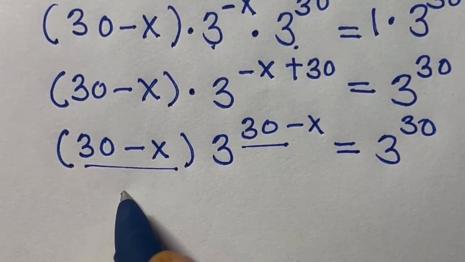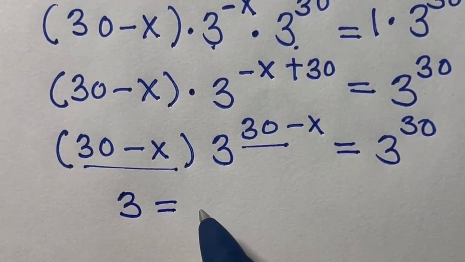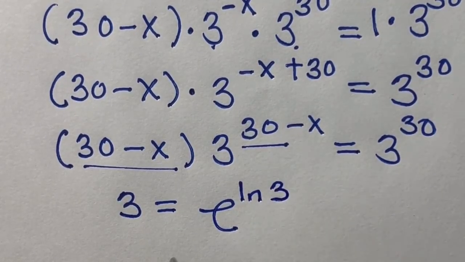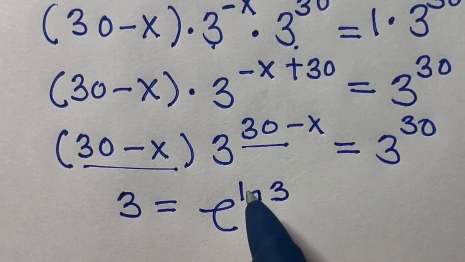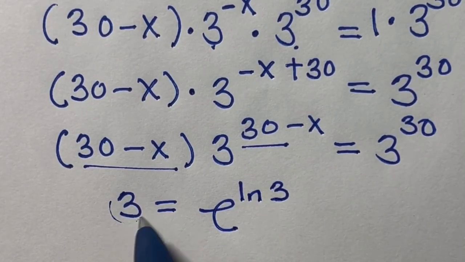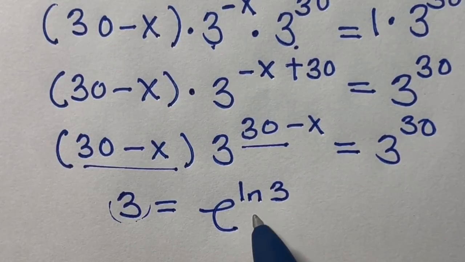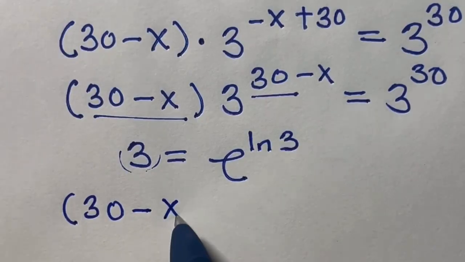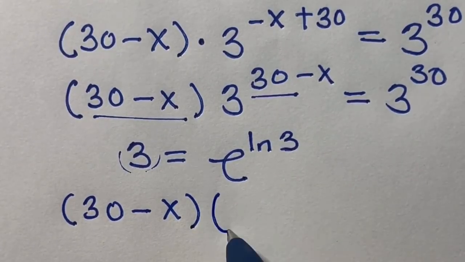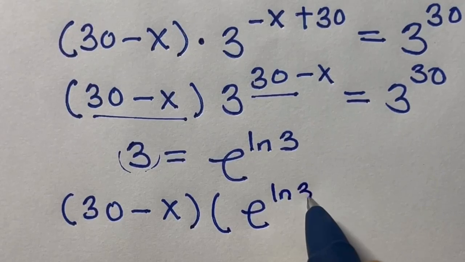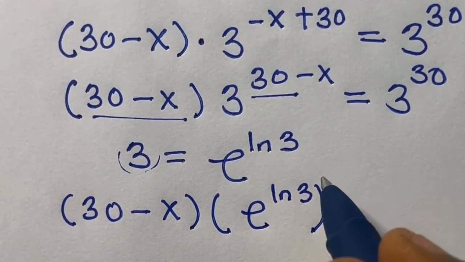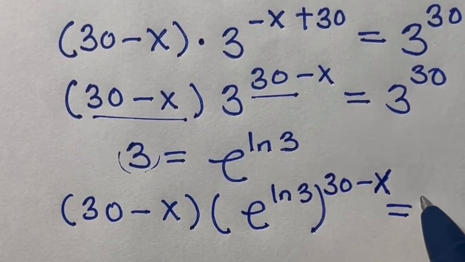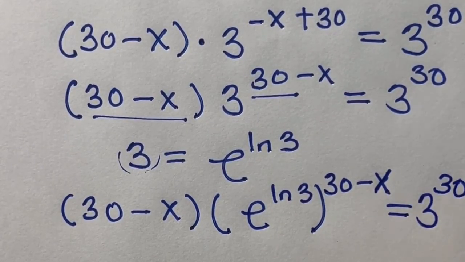But before that, let's note that 3 is equal to exponential ln 3. Why is this? Because this exponential will cancel this ln, so that means that we can replace 3 with this. So now we have 30 minus x. Alright, so then exponential ln 3, raised to power 30 minus x is equal to 3 raised to power 30.